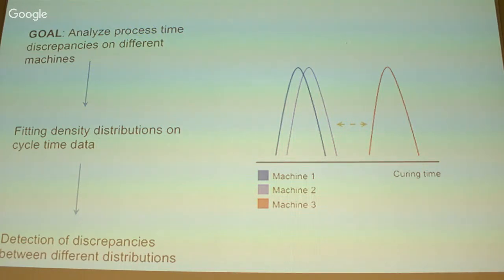So if we can find a discrepancy in the cycle time of a single product on a machine, we need to detect it. This is a very simple application. We analyze process time discrepancies on different machines, and we fit density distributions on cycle time data. The goal is the detection of discrepancies between different distributions.